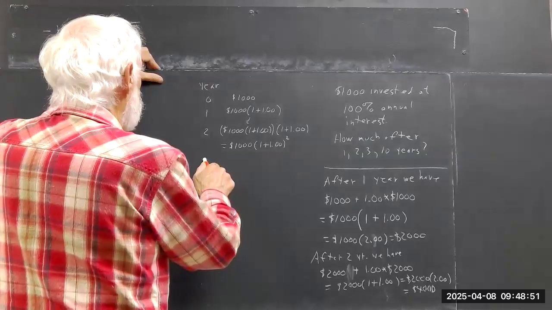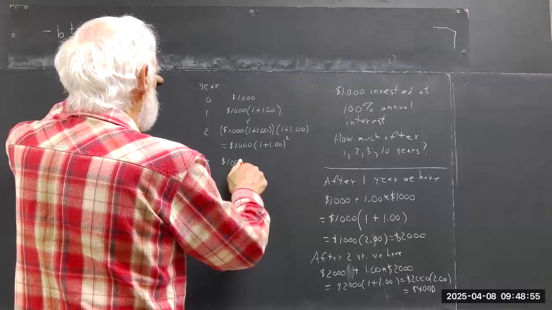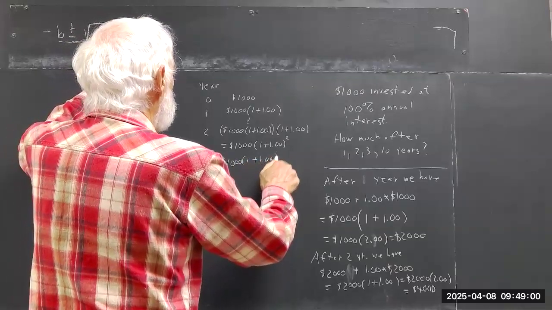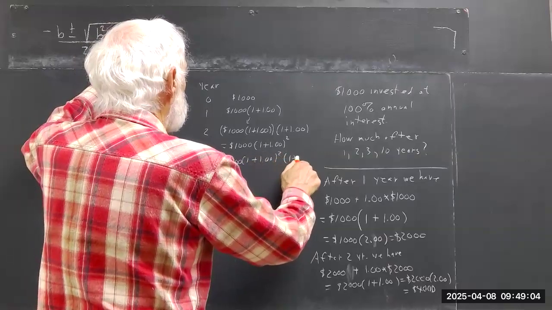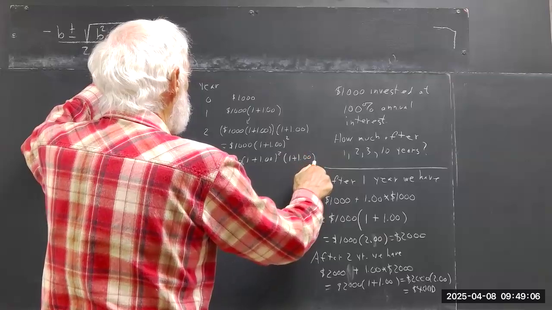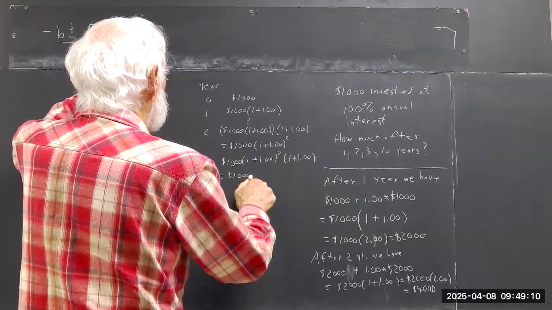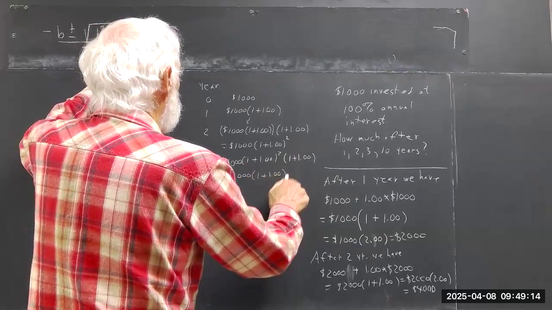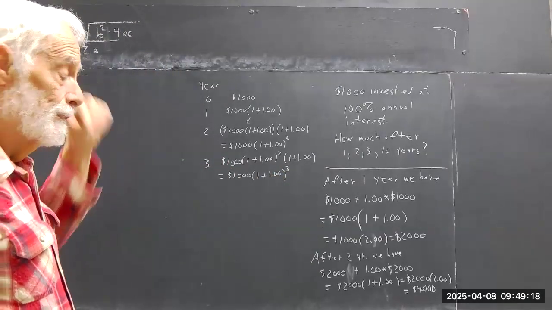For the third year, then we have $1,000 times 1 plus 1.00 squared times 1 plus 1.00, which is $1,000 times 1 plus 1.00 cubed. Okay?